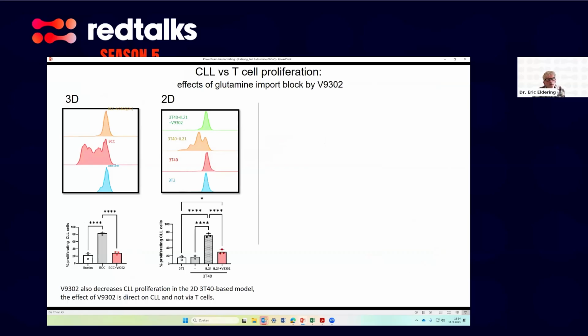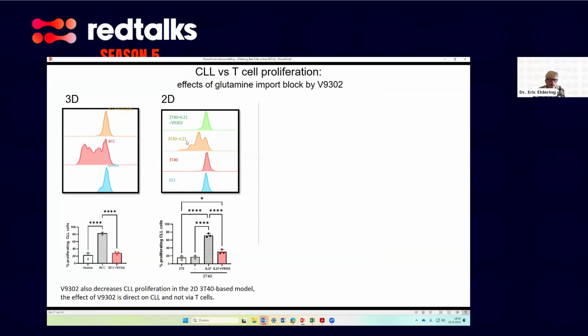Here are some data again on the role of glutamine for the CLL proliferation, switching back a little bit. So we now compare the 3D versus the 2D settings, the spheroid system on the left. And here is the 2D system that we've used in the past a little bit, where we stimulate the cells with CD40 stimulation plus IL-21.